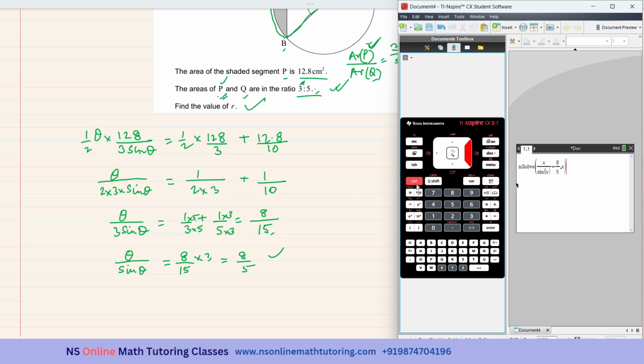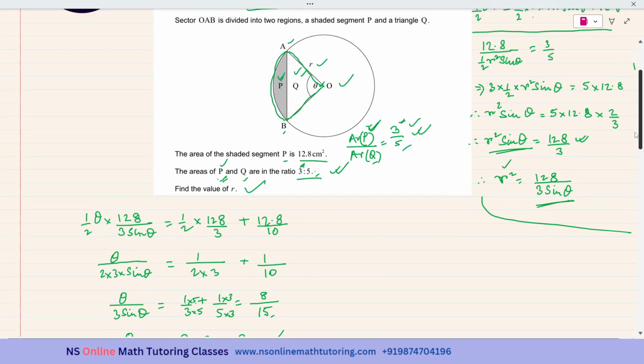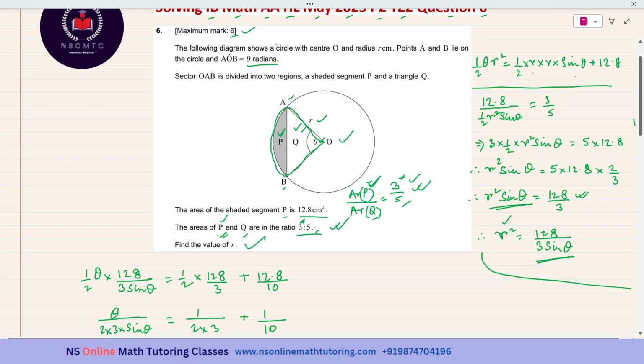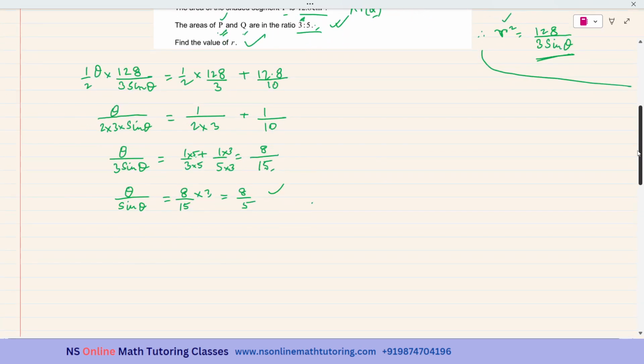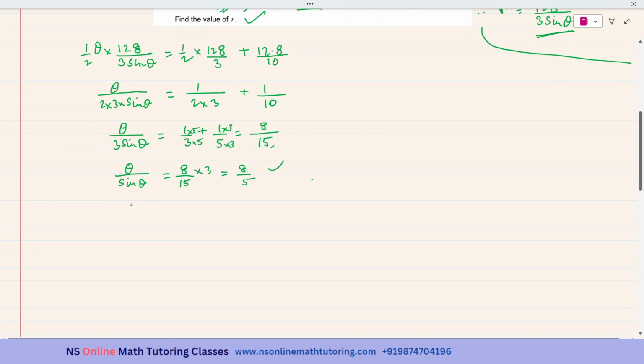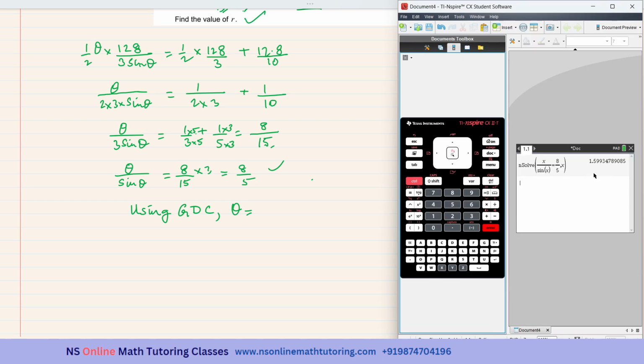It is 1.599. Since the question has no subparts and the full marks is 6, let me write the theta value using the GDC: theta is equal to 1.599347.